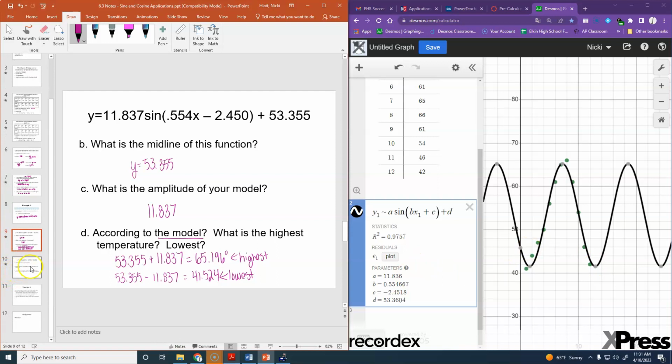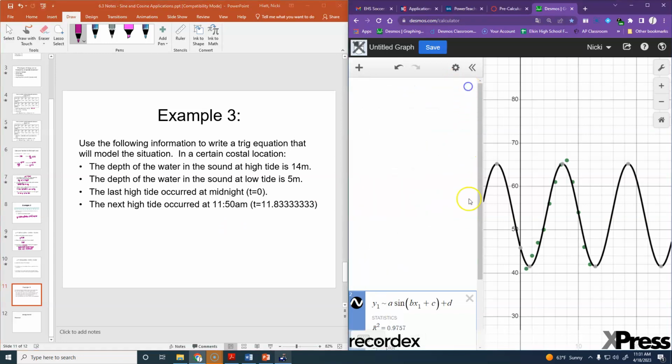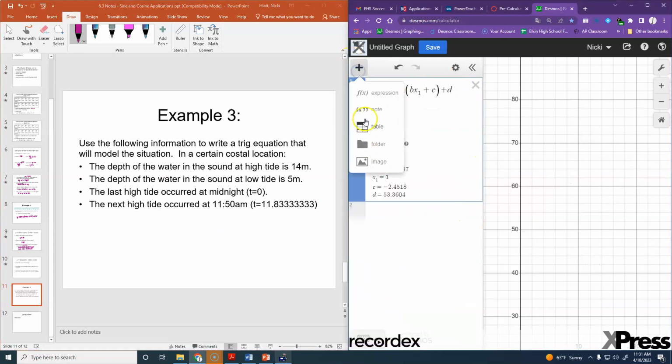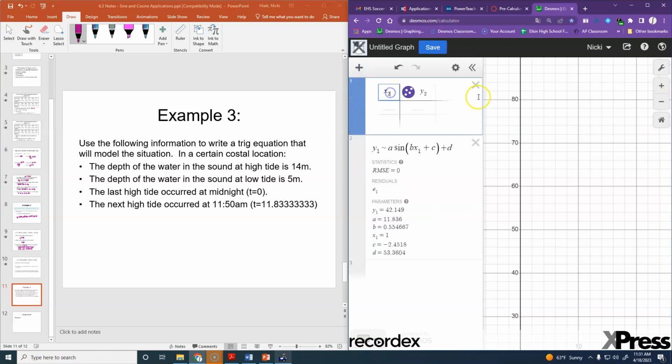Okay. I'm going to skip these next questions and look at example 3 real quick. This particular problem is not one that you can do with the graph. We could put in low tide and high tide.